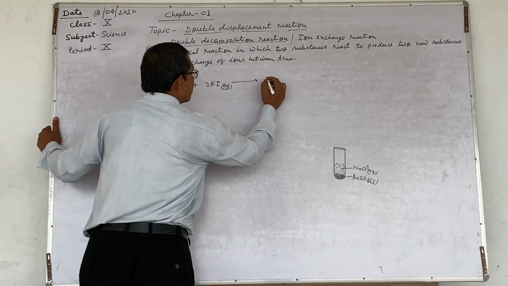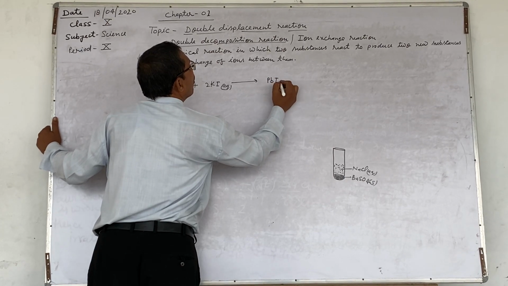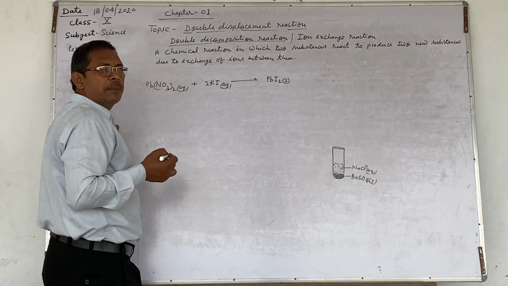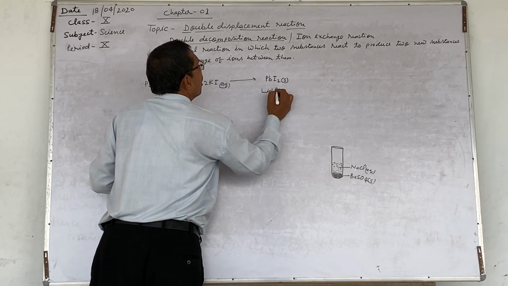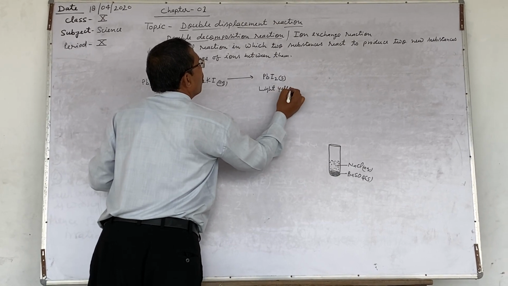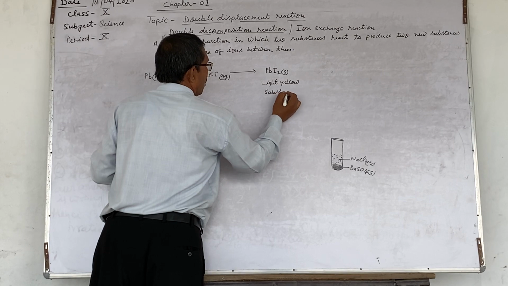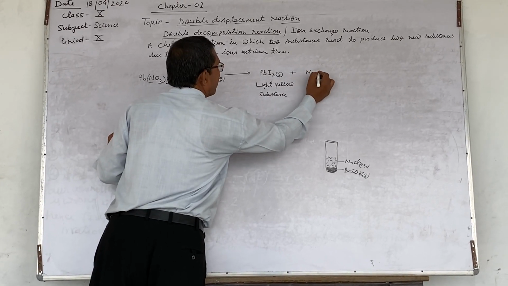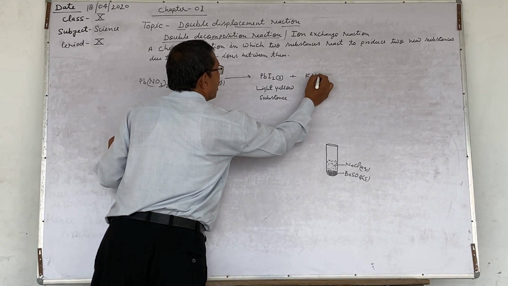And when they are mixed, we get light yellow colored substance plus potassium nitrate, KNO3.